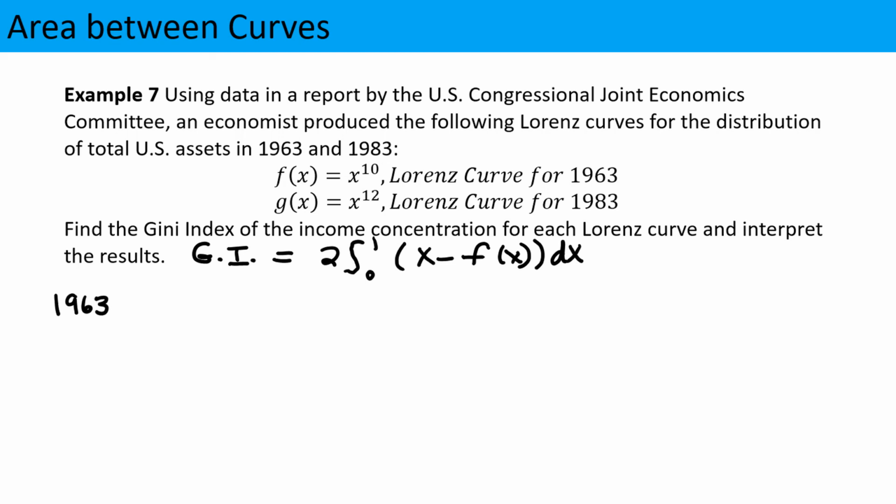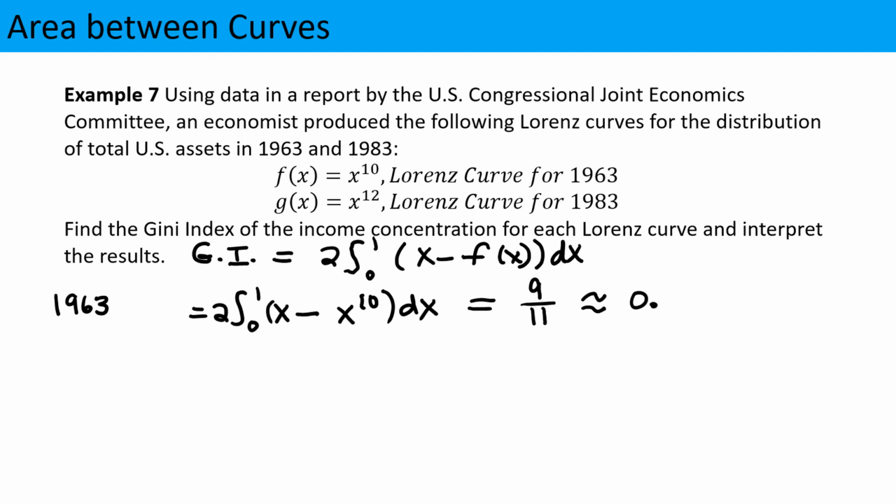The Gini index we will compute as 2 times the integral from 0 to 1 of x minus, and the Lorenz curve f of x was x to the 10th dx. Let's use our technology so we can readily get the output of 9/11, and that is approximately 0.818.